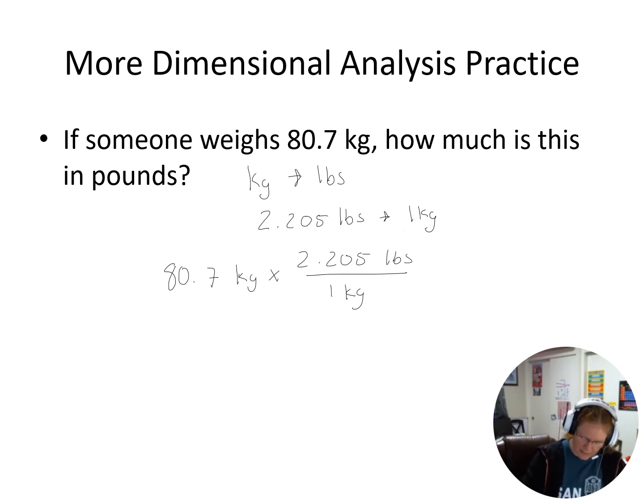And we get 177.944. Okay, my conversion factor has 4 sig figs, but this right here, we only have 3 sig figs, so we have to cut here. The 9 means we round up, so we get 178 pounds.